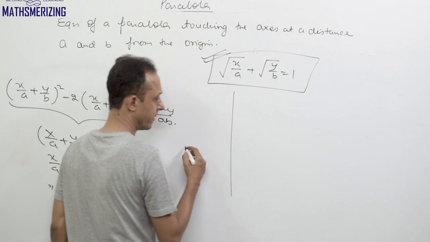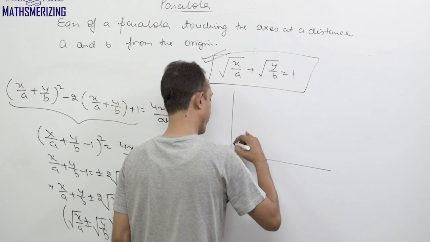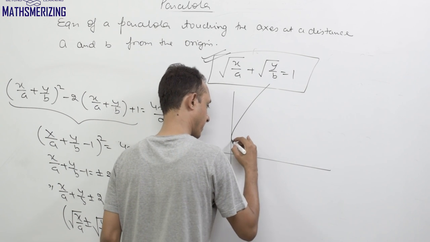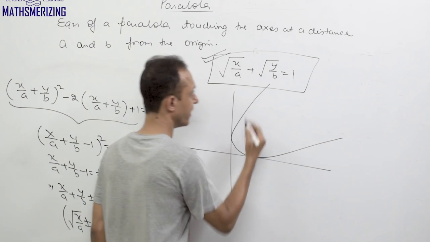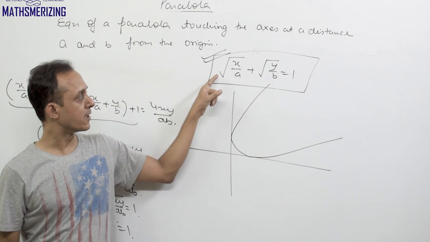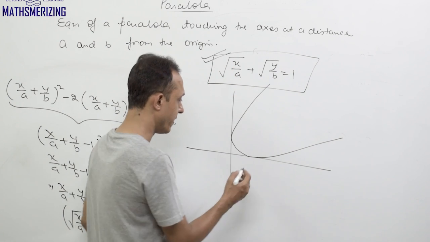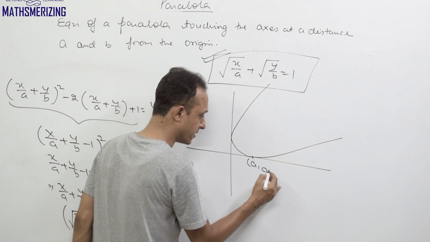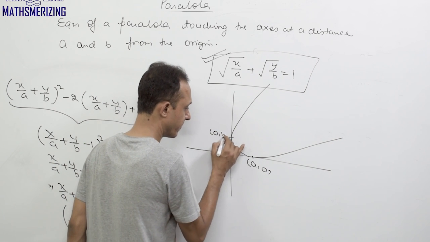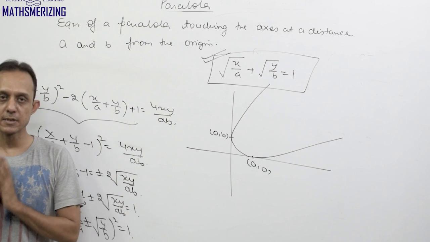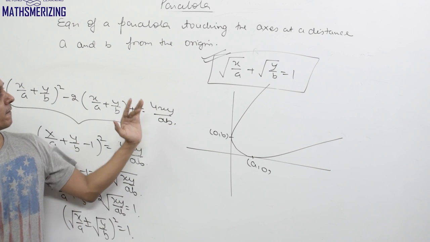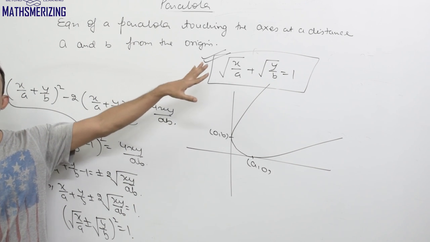So if we have this parabola which touches both the axes, then we can simply write this equation as under root of x upon a plus under root of y upon b equals to 1, where this point of contact is a comma 0 and this point of contact is 0 comma b.